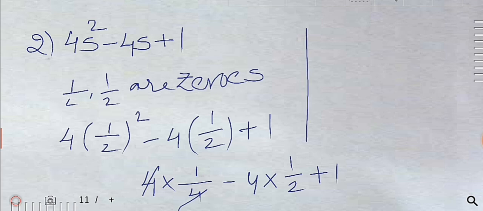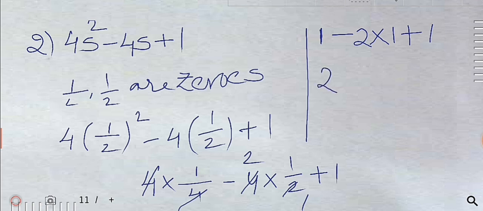The remaining value is 1, minus 2 plus 1. Adding up positive numbers, 1 plus 1 we get 2. 2 minus 2 is 0. Answer 0. As the result obtained is 0, we can say 1 by 2 is a zero of the given quadratic polynomial.